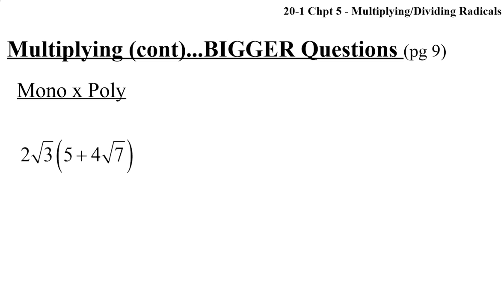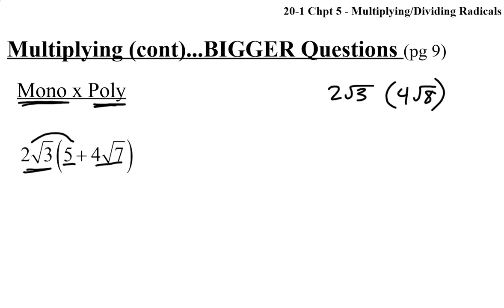Now as we move on, if we go back to page 9, it isn't new information, it's just how do we use this new multiplying and dividing process. Well, instead of just always having a radical times another radical, we could have a single radical times a multi-termed expression, which has radicals in it.